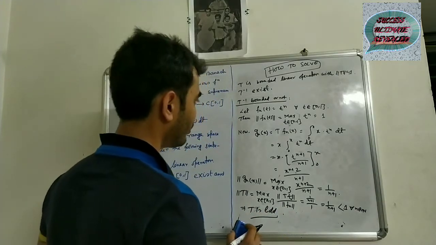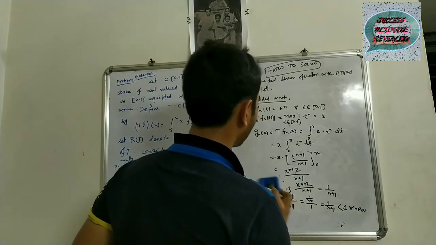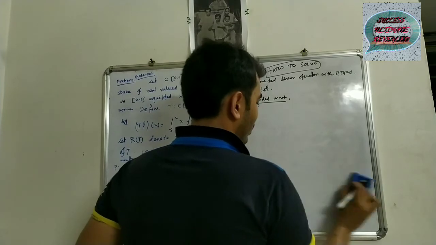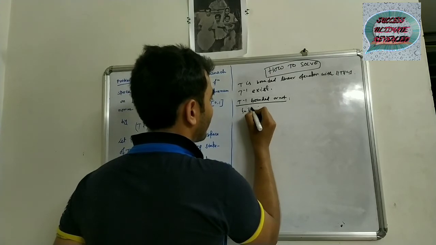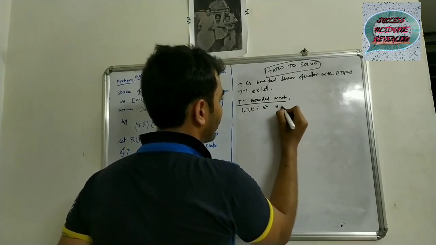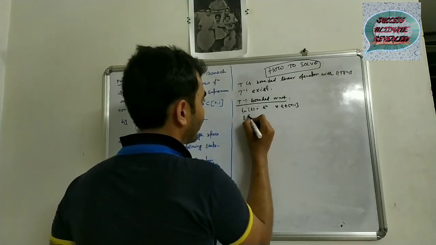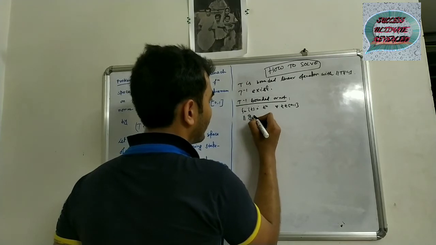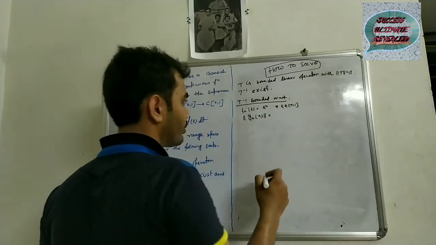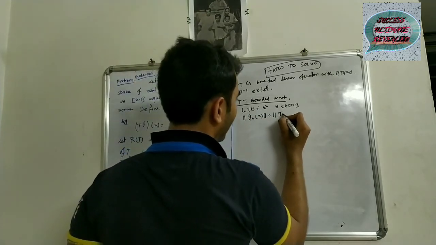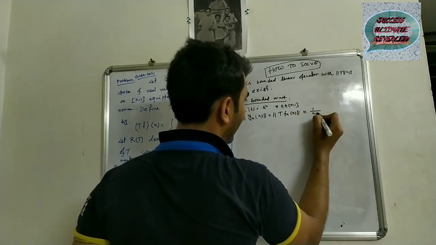Now f_n(t) = t^n for all t belongs to the closed interval [0, 1]. Clear? And the norm of g_n(x), which is the norm of T f_n(x), equals 1/(n+1).